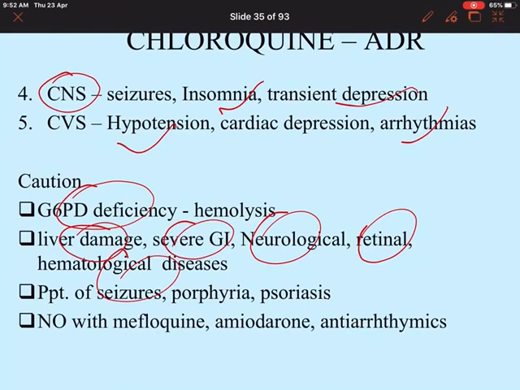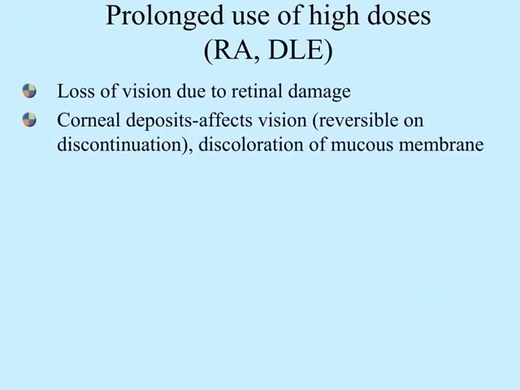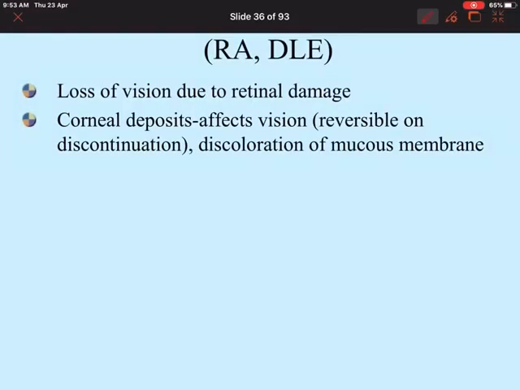We usually don't combine chloroquine with mefloquine, amiodarone and other antiarrhythmics. These adverse effects of chloroquine happen on a short course of treatment. If the same chloroquine is used for prolonged duration, like in rheumatoid arthritis or systemic lupus erythematosus, there is going to be severe damage to the eye.